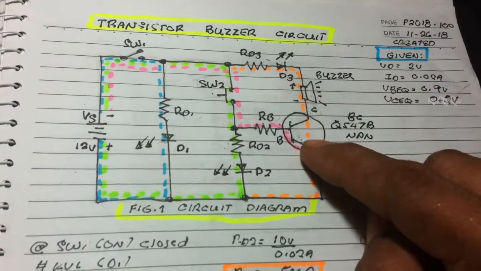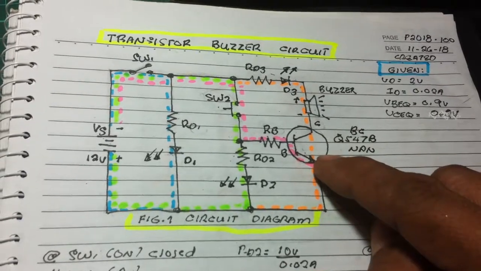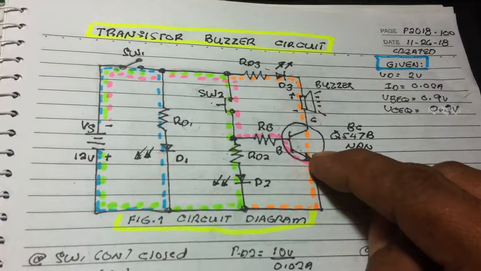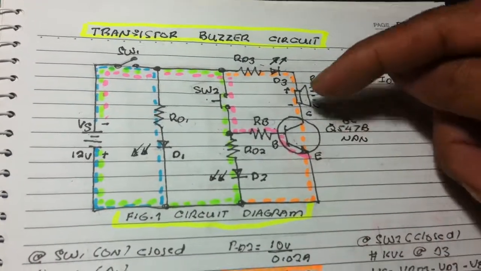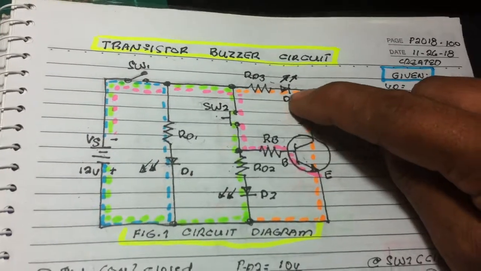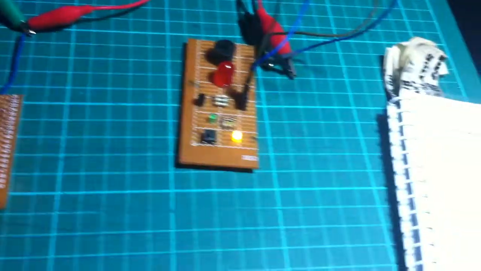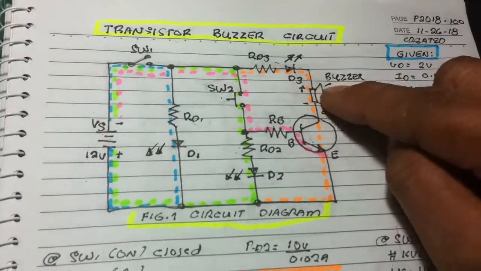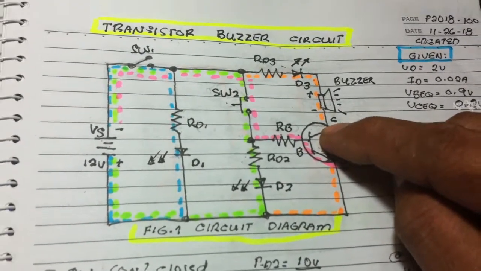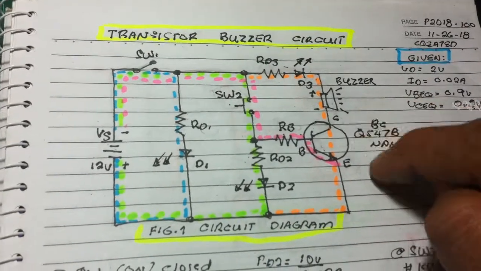conducting the transistor in saturation mode. This is our objective, to use the transistor in saturation mode. Current flows to the resistor and to our output LED, D3. That is the red, the big red LED, in series with the buzzer connected to the collector side of the transistor, BC547B NPN.